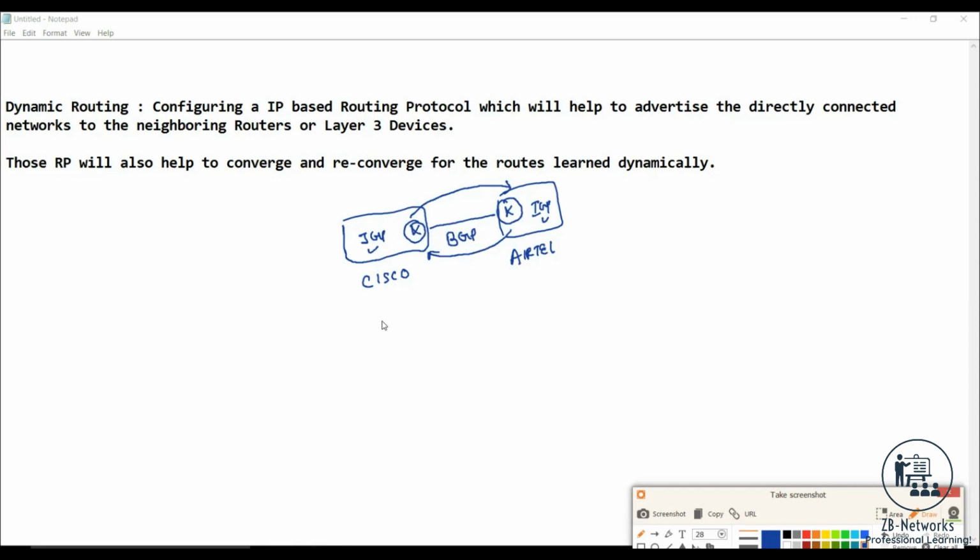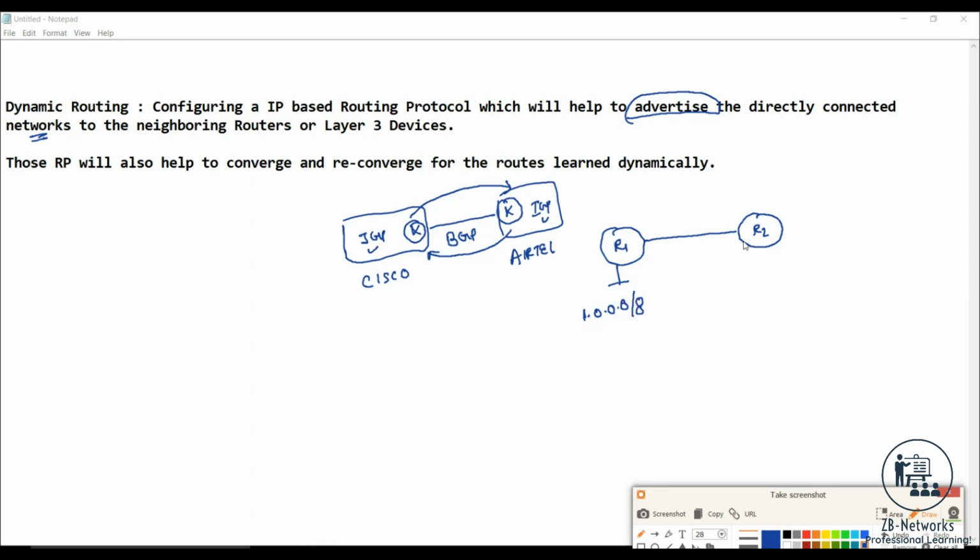Now, what is the primary job of a routing protocol, which could be any IGP or BGP? The primary job is to advertise the networks. So for example, if I have 2 routers, R1 connected somehow to R2, and behind R1 I have a network, say 1.0.0.0/8.